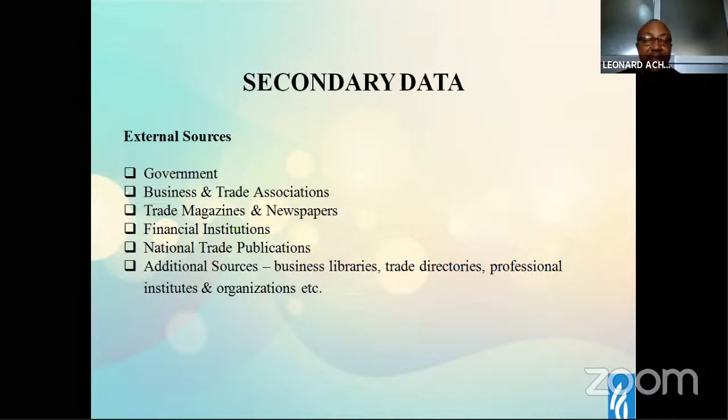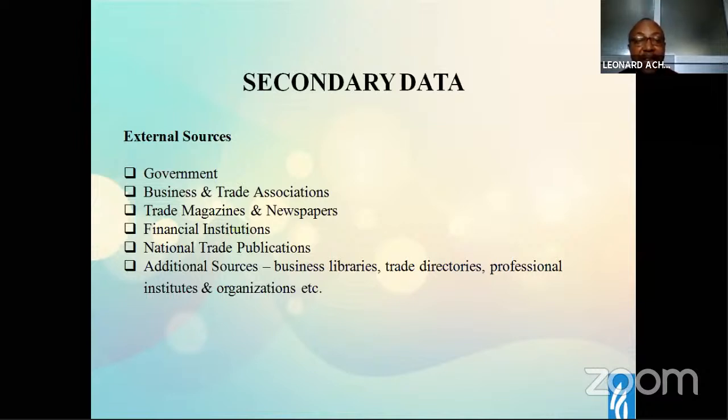They have information that can be useful to you and the marketing of your business. We also have trade magazines and newspapers, Financial Times and all of that, with so much information about businesses, daily, weekly.